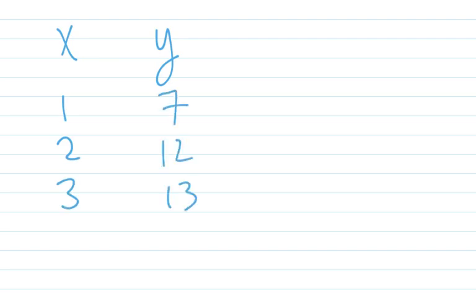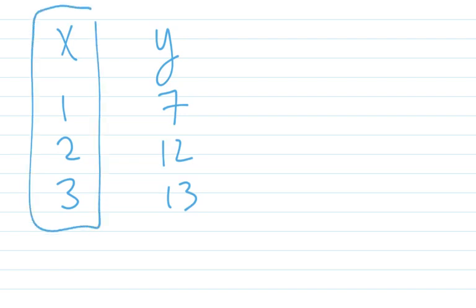Oftentimes, you'll see mappings that look like this. X and Y, let's say 1, 2, 3, and let's call this 7, 12, 13. And as long as each input in the x's have exactly one arrow going to one value in the y outputs, we have a function. So I'm going to put a happy face. This is a yes. That is a function.